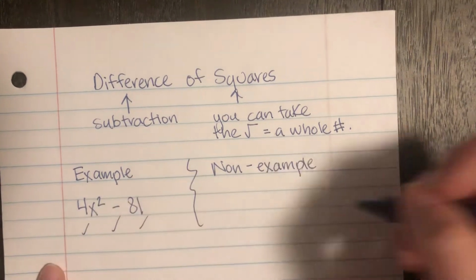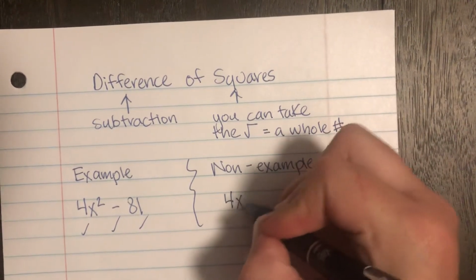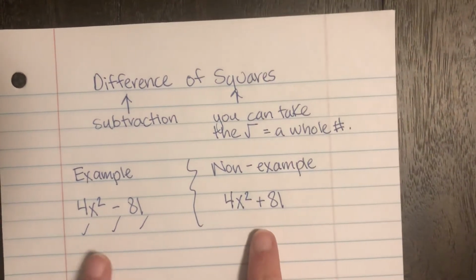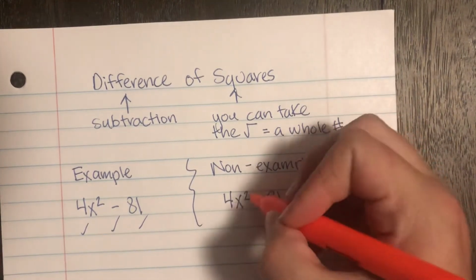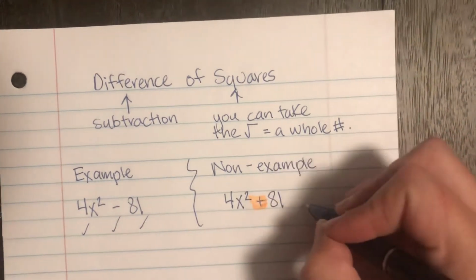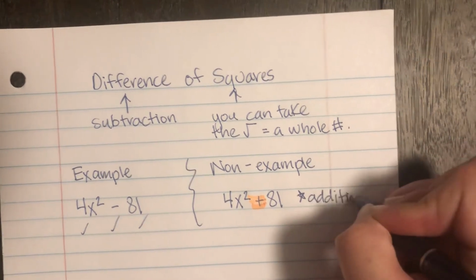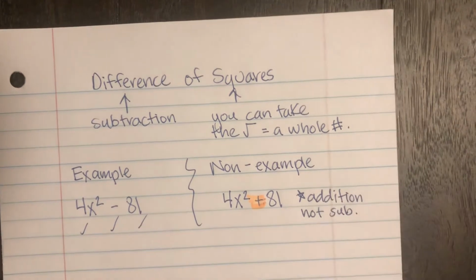So on a non-example, sometimes on the EOC, they love to give you a problem that looks like this. You see how they look almost identical, but the thing that's wrong with this one is the plus. The thing that's wrong with this one is addition, not subtraction. I'm just going to abbreviate.